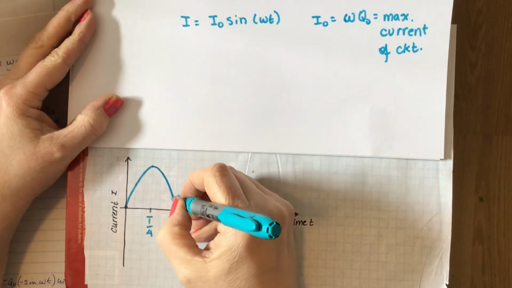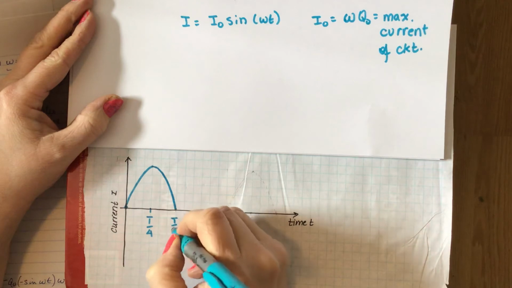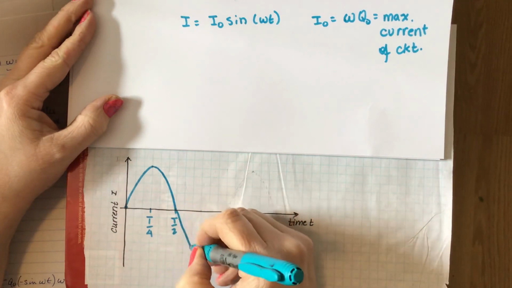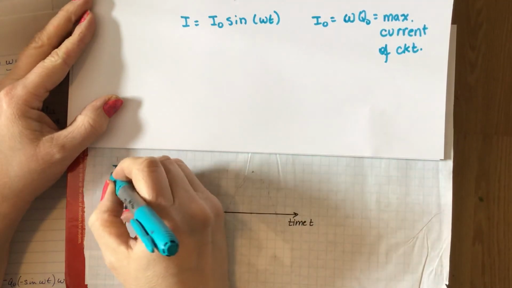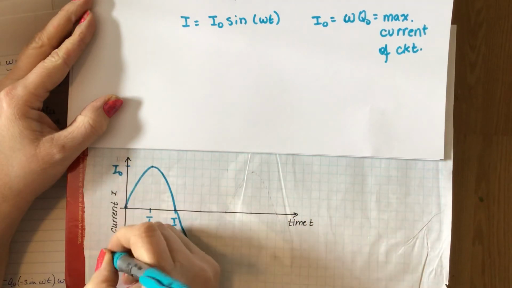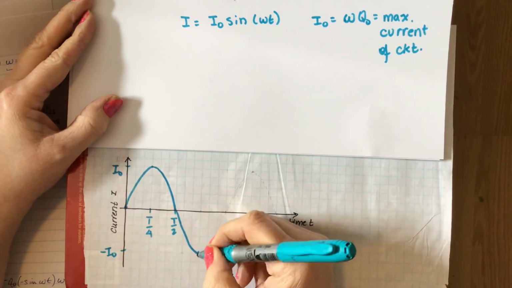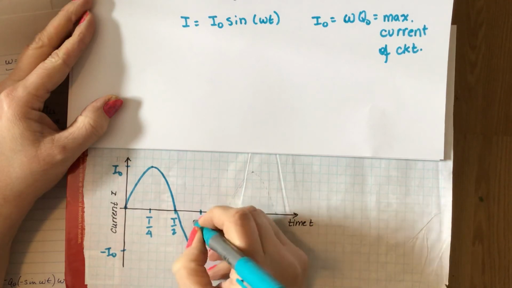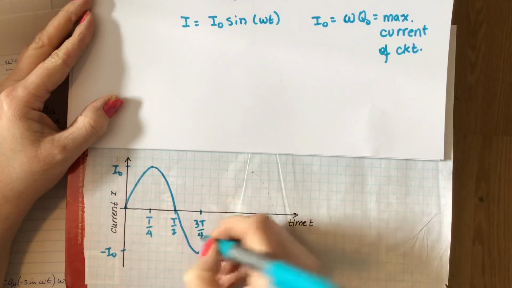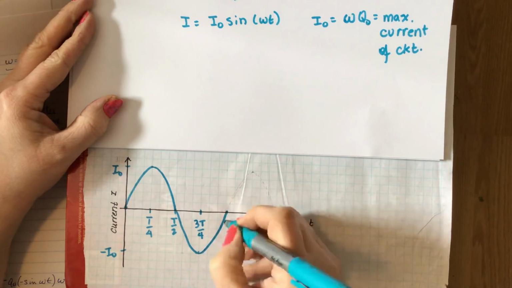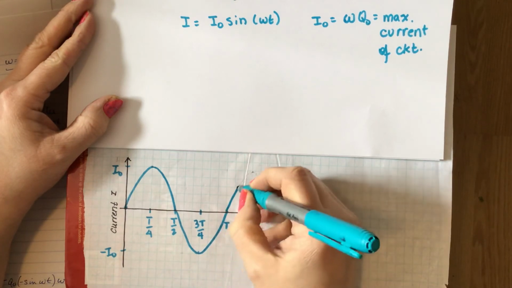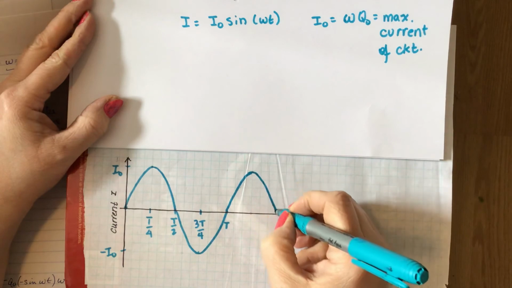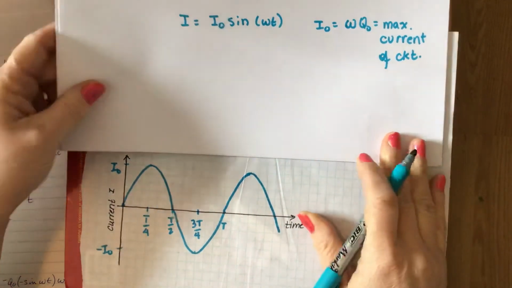Then at a half of a period, T over 2, it goes to 0, and goes down to the negative maximum. That means that the current has turned around and is flowing in the other direction. That's at 3T over 4. At one period, it's back to 0, and then it begins again. So that's how the current oscillates over time.